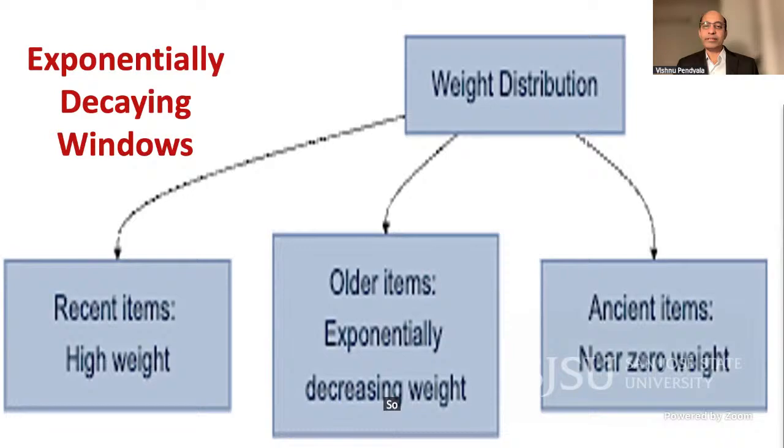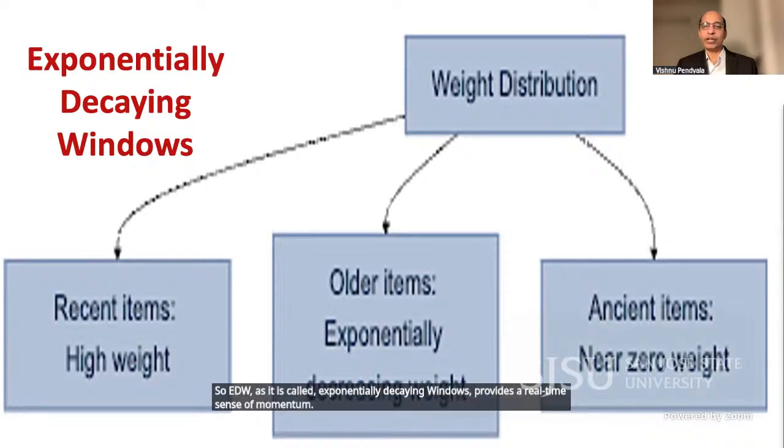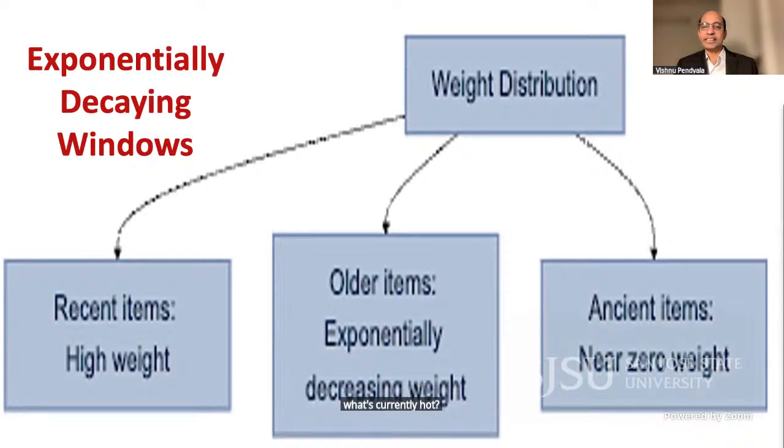EDW, as it is called, exponentially decaying windows, provides a real-time sense of momentum. What's currently hot, and not what was hot last week. So in the weight distribution, the recent items get higher weight, older items get exponentially decreasing weight, and ancient items almost get zero weight, so that they disappear from the list.